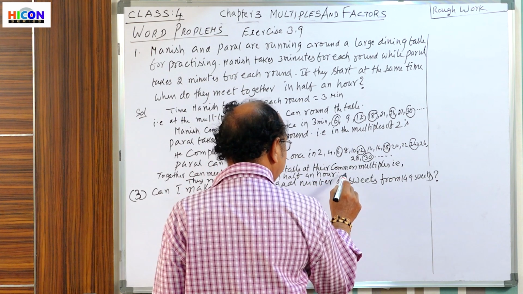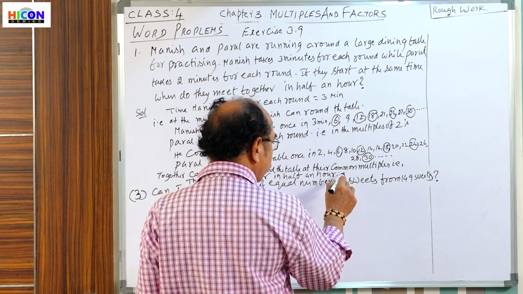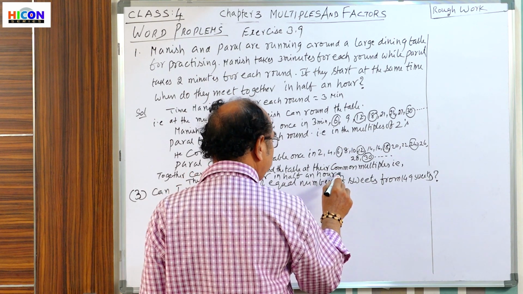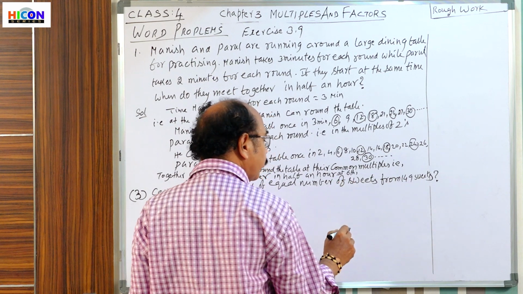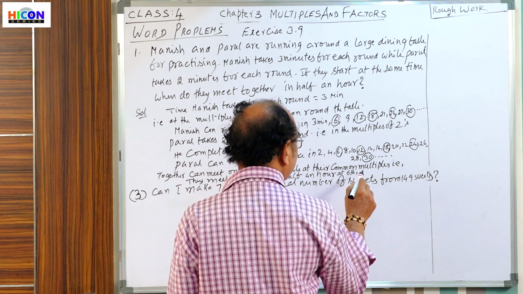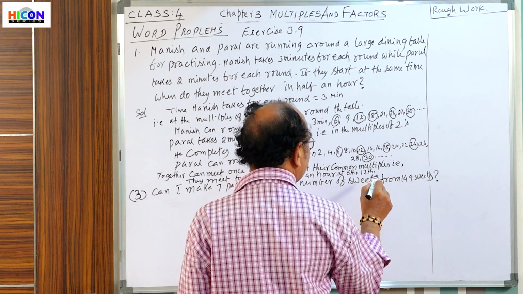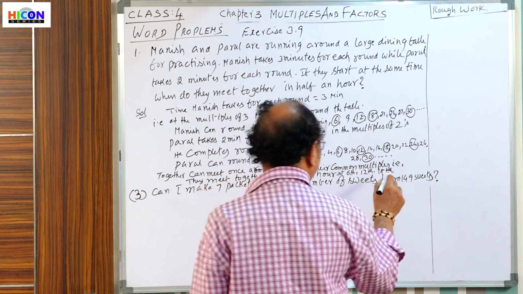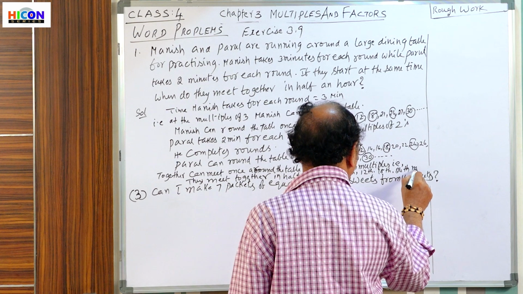That means at 6 minutes, common multiples we mentioned. They meet together in half an hour. At the 6th minute they can meet, and the 12th minute, and 18th, and 24th minute.